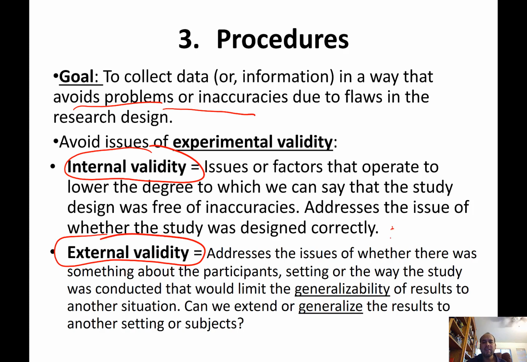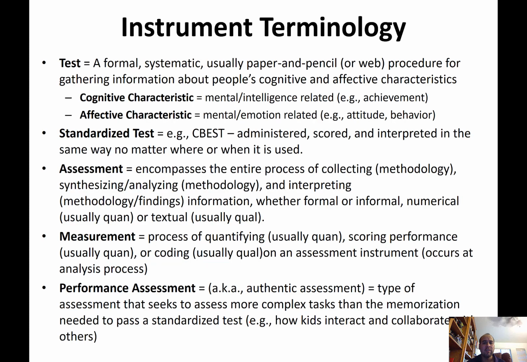Internal validity are the things that you do that help create a sound research design. External validity are things that you can't control, like the weather, that type of thing. But nevertheless, you have to think about those, and how they're going to affect your study, and how your study may not be generalizable if you don't understand the effects of external validity on your research.